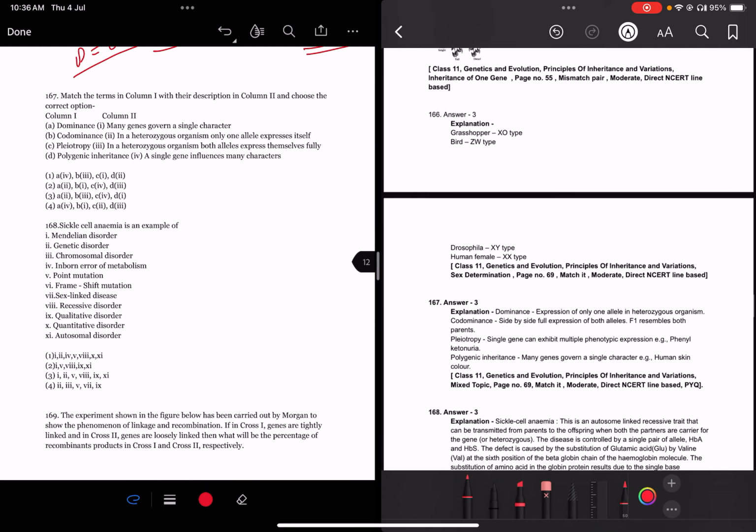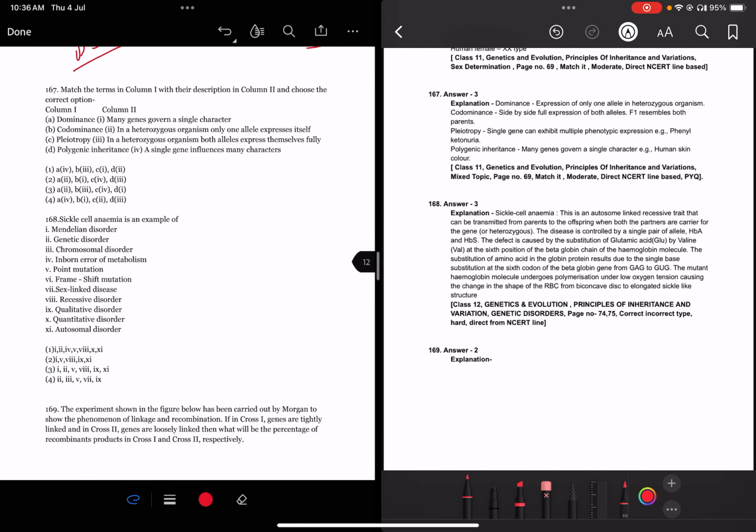Now question number 167. Read the question carefully. Match the terms in column 1 with their description in column 2 and choose the correct option. The terms are dominance, codominance, pleiotropy and polygenic inheritance.